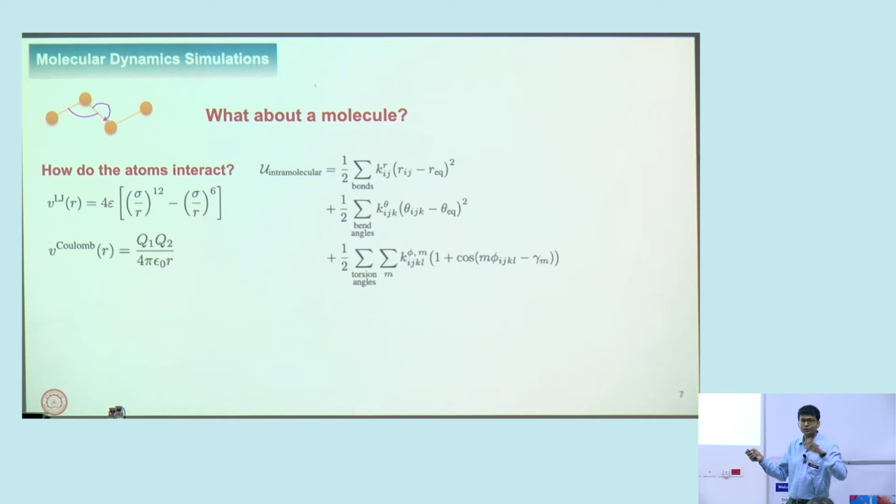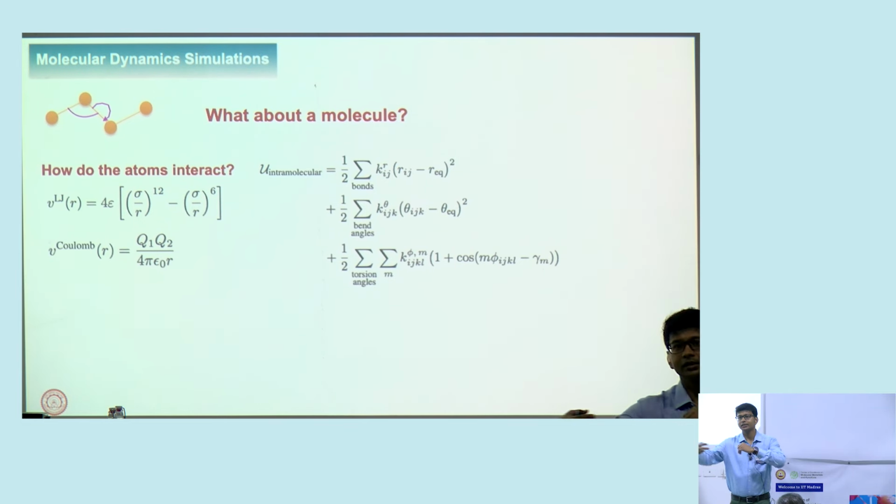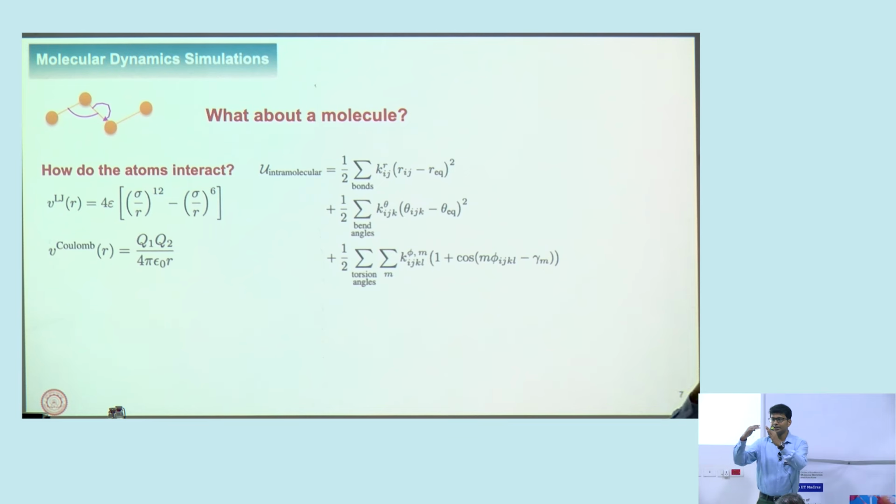If you think of Hooke's law, force, and then you take the integration, you get half kx squared. This is harmonic, like a spring. Similarly, you think about this angle, they also go like this kind of motion, angular. And then you have the dihedral, because you have four atoms. Dihedral means that you put two atoms on a plane, three atoms on another plane, and you take the norms, and the angle between the two norms is a dihedral.